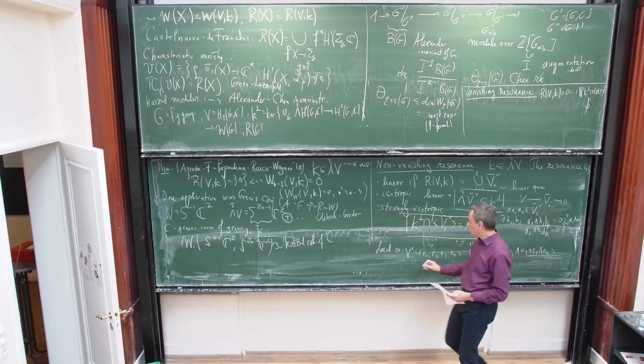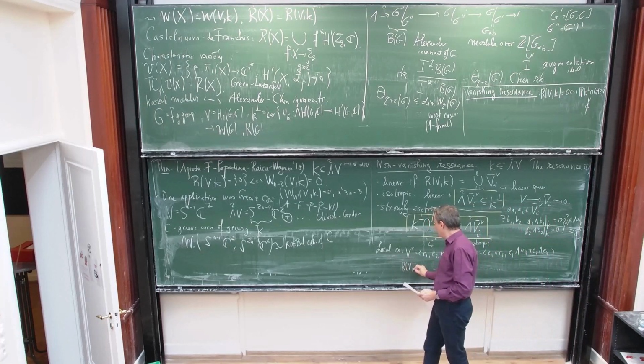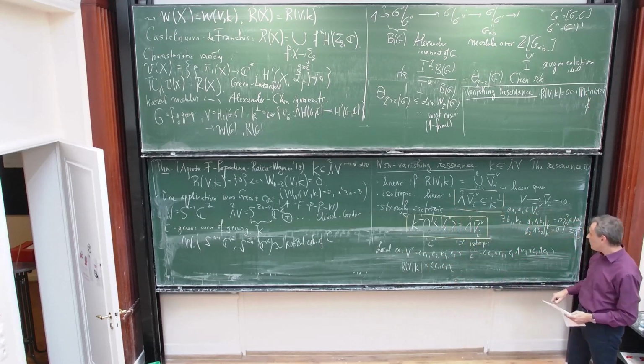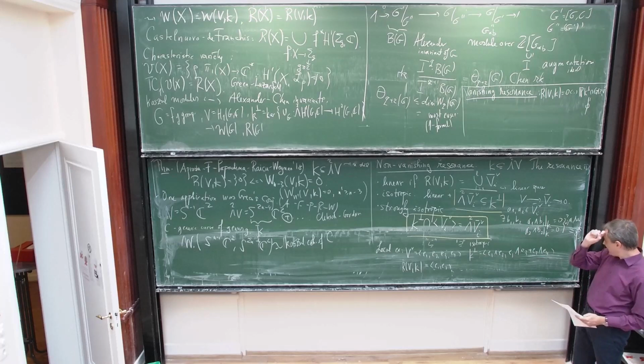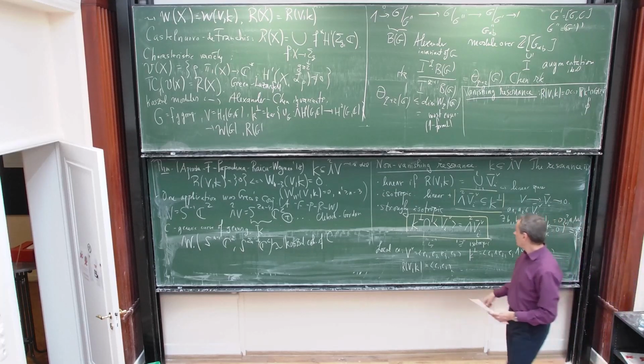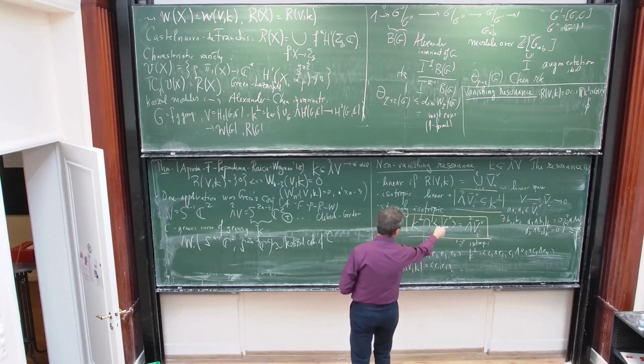And this is isotropic. But it's not strongly isotropic, because you see there is this element there which is not in wedge 2, which is not accounted for, so you do not have this inclusion.